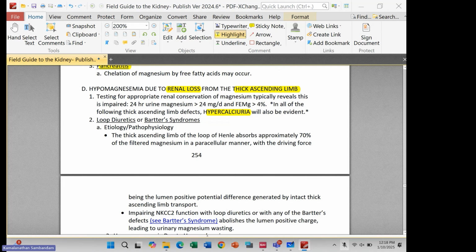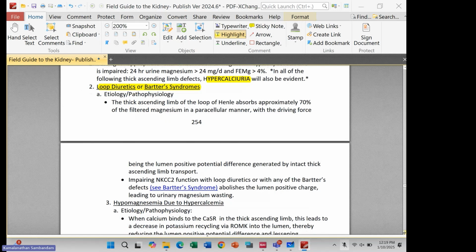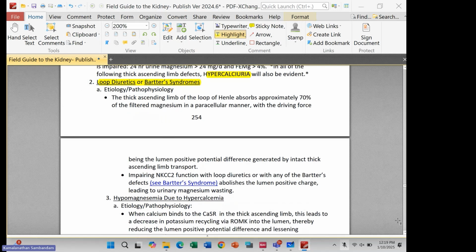Okay, so in typically all of your thick ascending limb defects, similar to Bartter syndrome, you would expect to see high urinary calcium excretion rates. And so let's start going through some of these defects. Loop diuretic therapy and Bartter syndromes are certainly causes of magnesium deficiency.